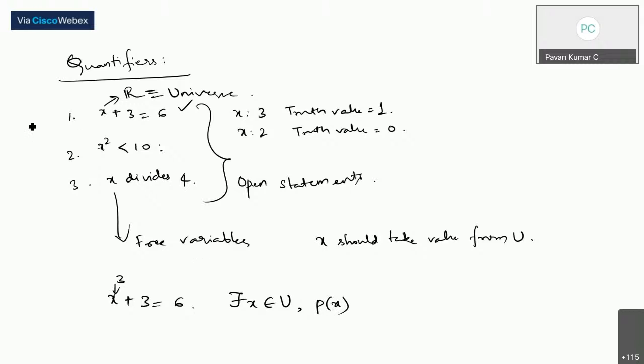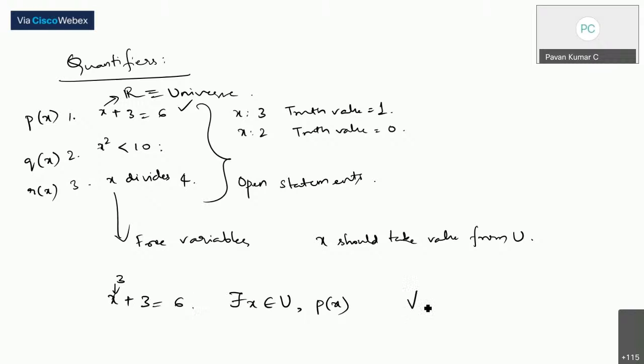These open statements are indicated with the help of variables, like Q of x. Earlier the variable was not associated with the propositions, but here I am adding this variable. So there exists some value x in the universe for which P of x is true. But this is not true for all the values of x.